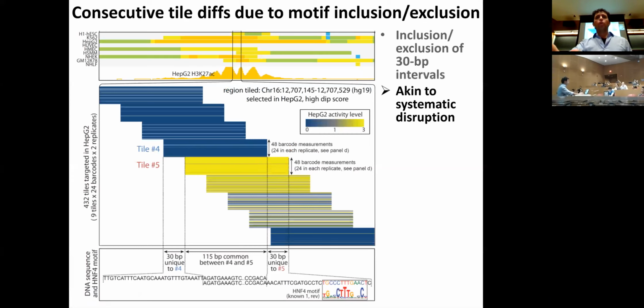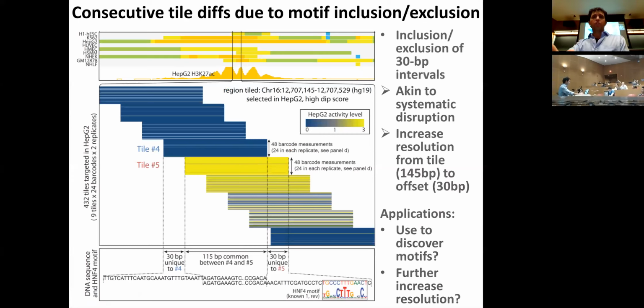Awesome. So why do 50 nucleotide increments? Let's instead do 5 nucleotide increments. So now we're going to be testing these regions at 5 base pair offsets and inferring computationally from these offsets what is the likely activity for every base pair interval in the genome.